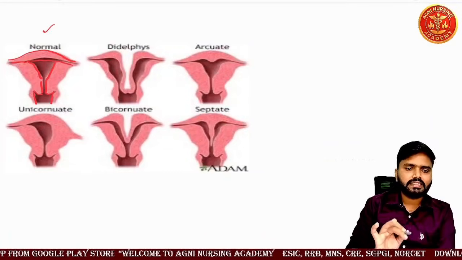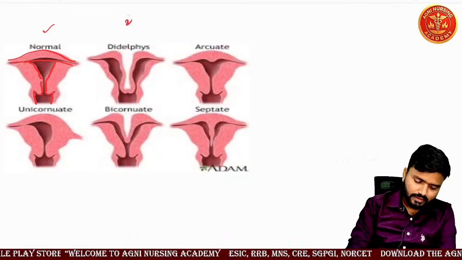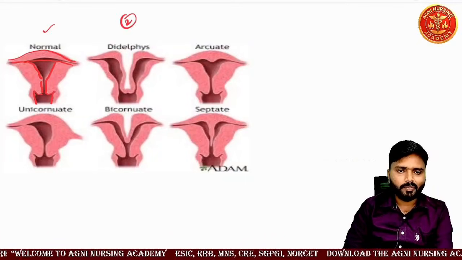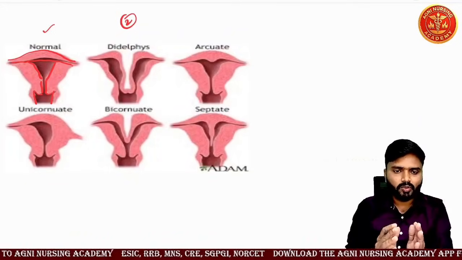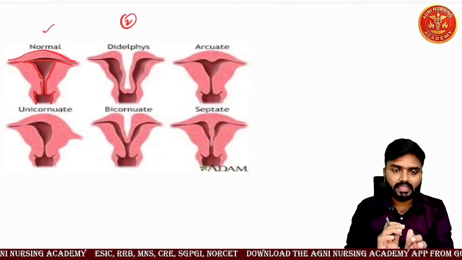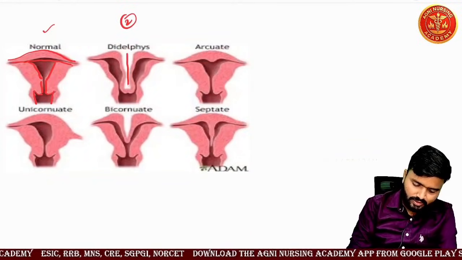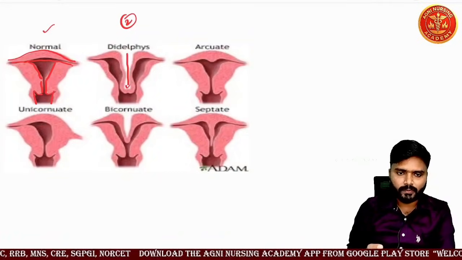Understood? So this is the normal structure of the uterus, and the second image you are seeing is the didelphus uterus. What happens here is that the fundus of the uterus fails to fuse completely. So here we can see the fundus of the uterus goes inside due to failure of fusion.